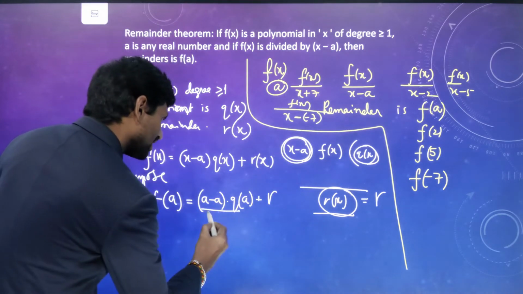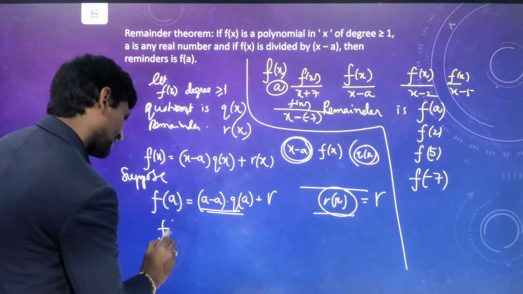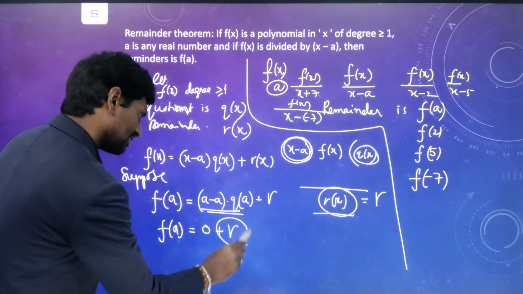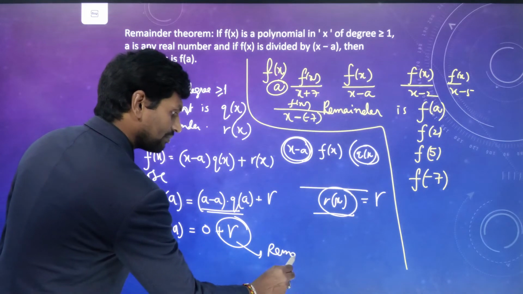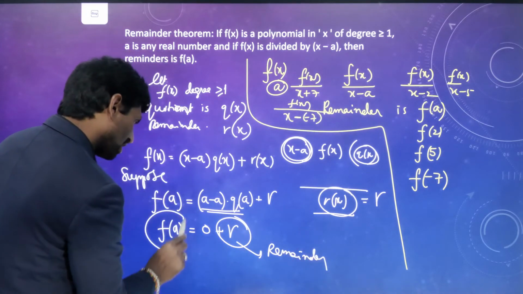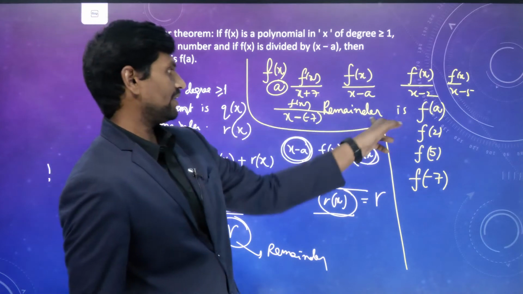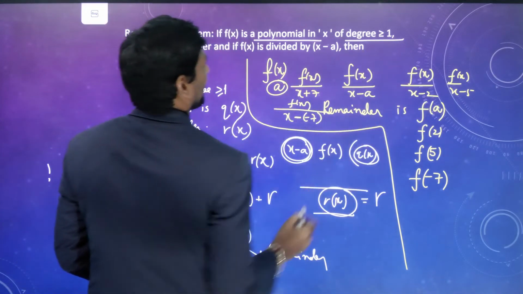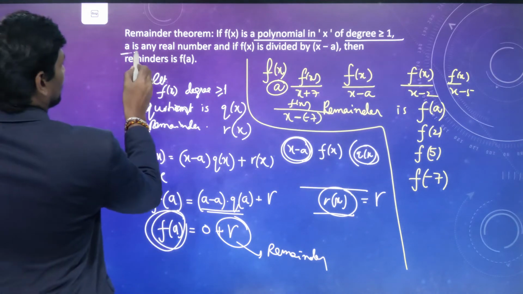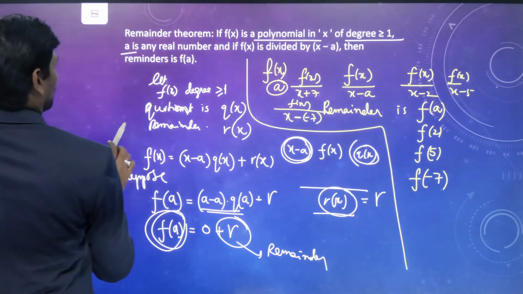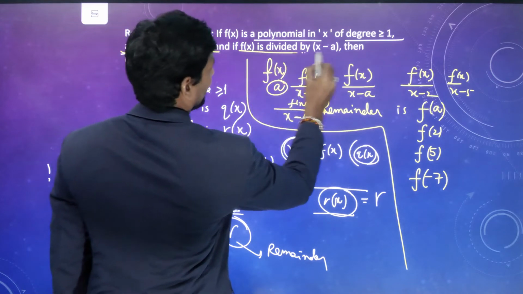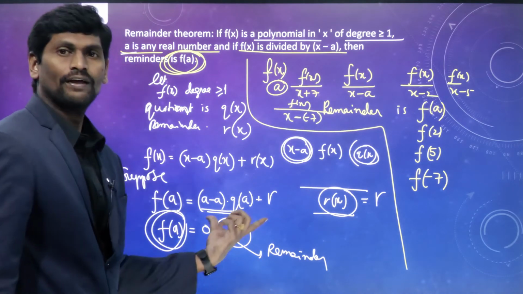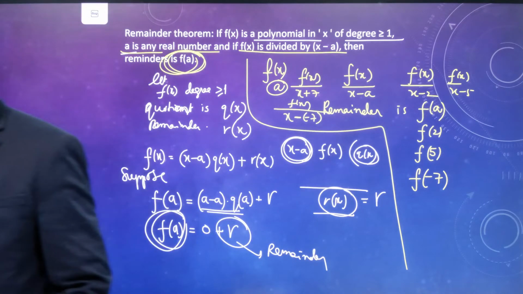A minus a becomes 0, so what is left is r, which means the remainder. That is what we needed to prove: the remainder is f of a. So if a polynomial has degree greater than or equal to 1 and a is any real number, and it is divided by x minus a, then the remainder is f of a. Very, very important. Note it.